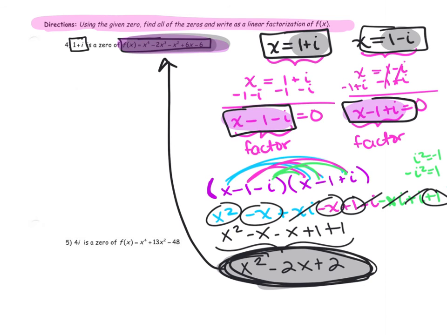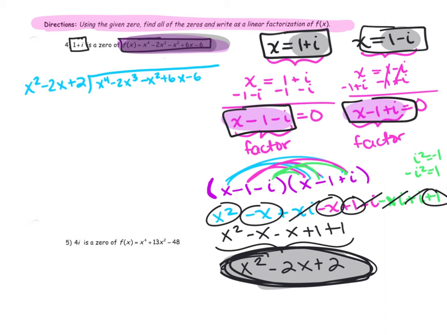So I'm going to run long division. All right, and this is our last problem. So again, we're doing long division here. I have x squared times x squared gets me x to the fourth, and we're going to multiply it back. x squared times x squared is x to the fourth. x squared times negative 2x is negative 2x cubed. x squared times positive 2 is positive 2x squared.